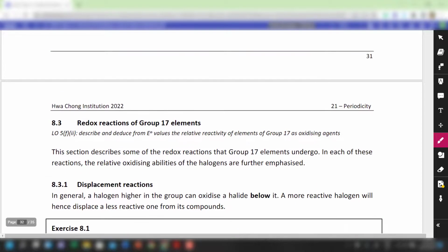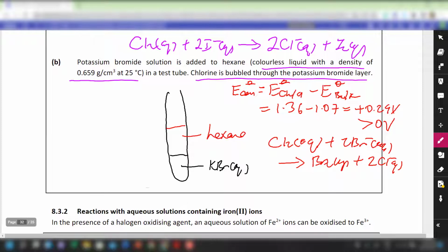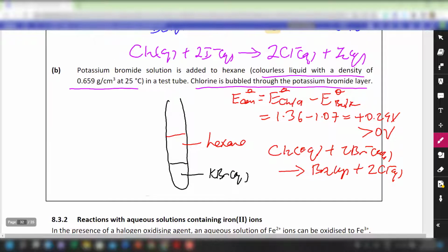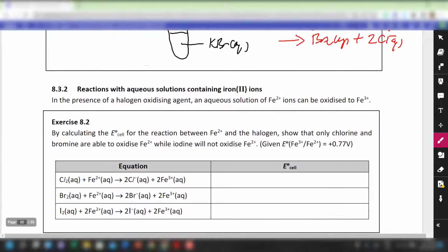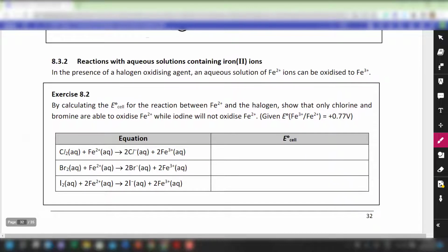Let me repeat the observation. First, the colorless aqueous layer turns orange. After that, the color of the orange solution will lighten, and slowly but surely the colorless hexane layer will turn into an orange red solution. Right, okay, with that, we move on to the next section, 8.3.2.